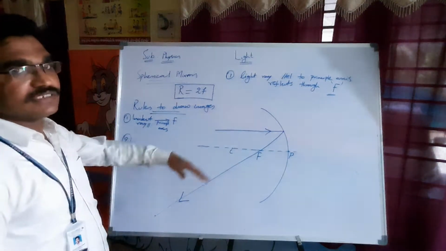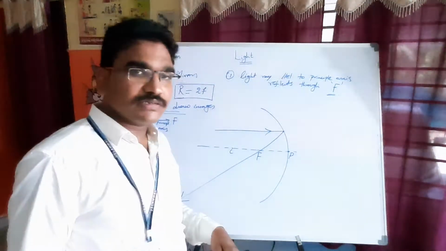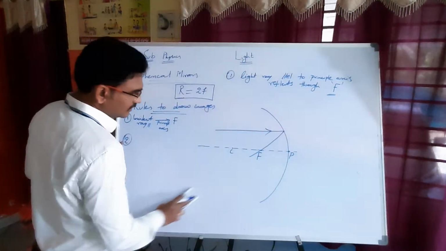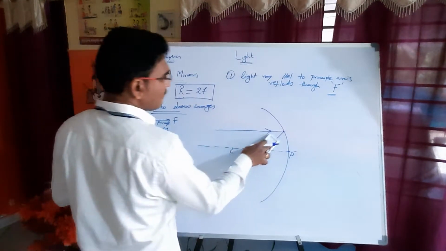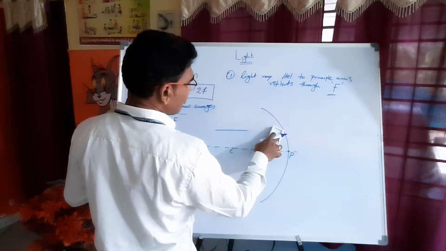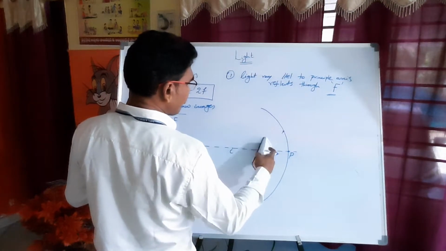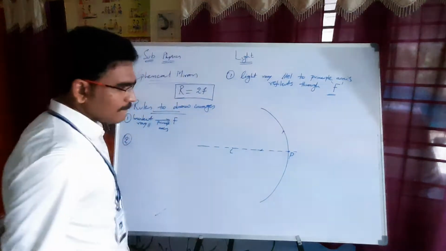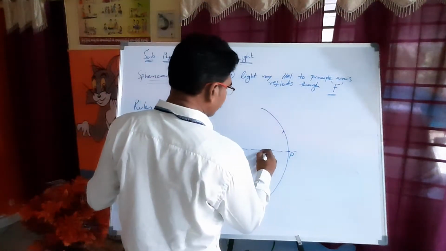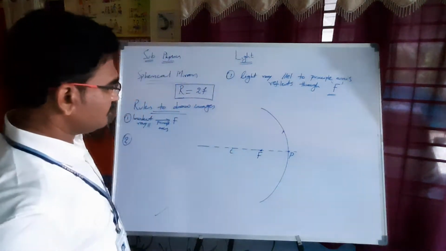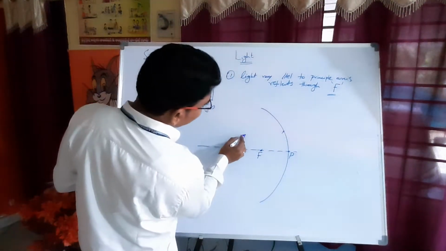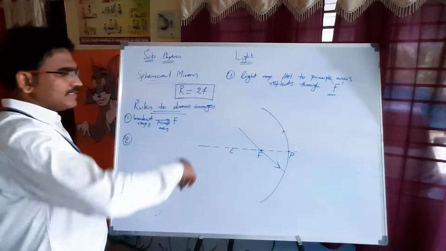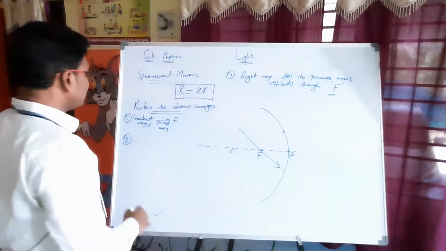Second rule, we will discuss the reversibility of light, the principle of reversibility of light. You see here, for example, a light ray is passing through the principal focus.